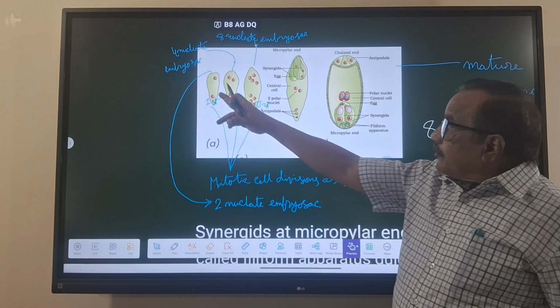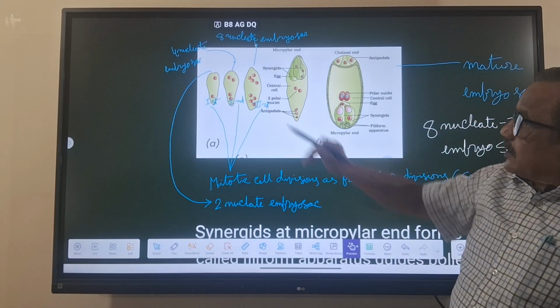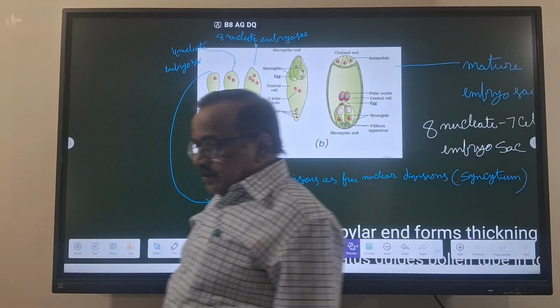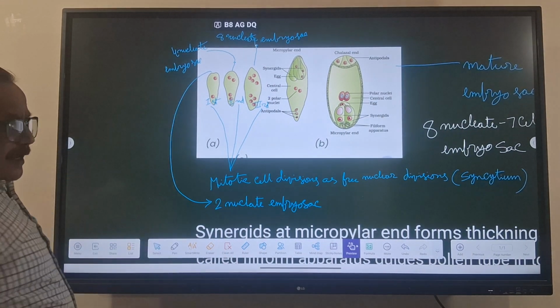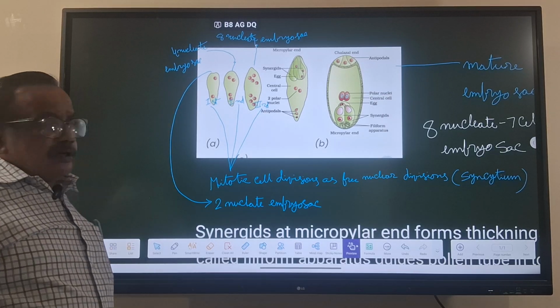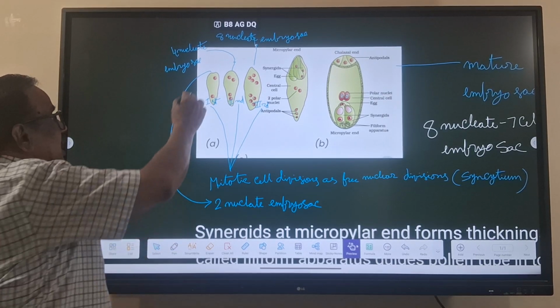After the first mitotic division it forms 2 nuclei, and both nuclei move to the opposite poles.